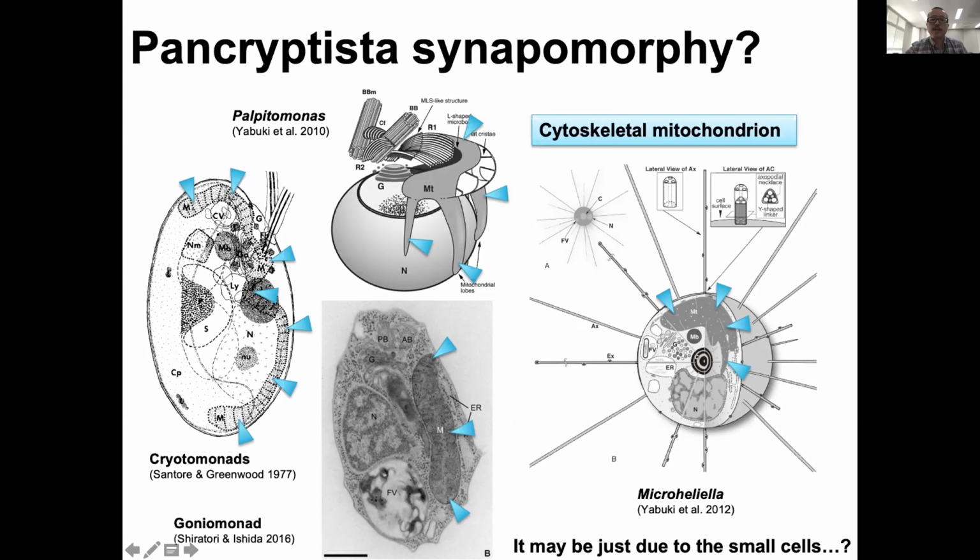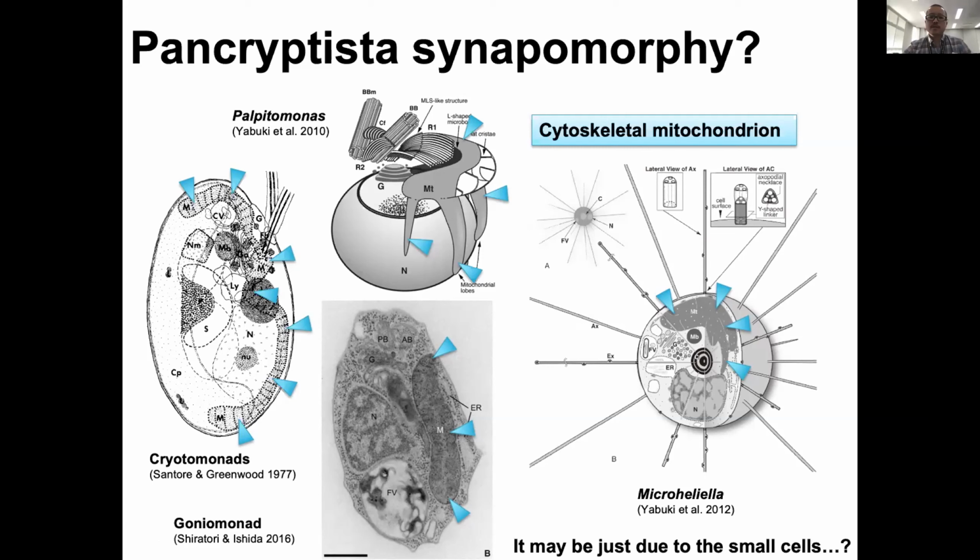A similar arrangement of mitochondrion was also found in Goniomonas and Palpitomonas like this. Unfortunately, Cadaverifer have multiple mitochondria, but a similar mitochondrial arrangement was also found in Microheliella like this. So I'd like to suggest this cytoskeletal mitochondrion may be a synapomorphy of Cryptista.